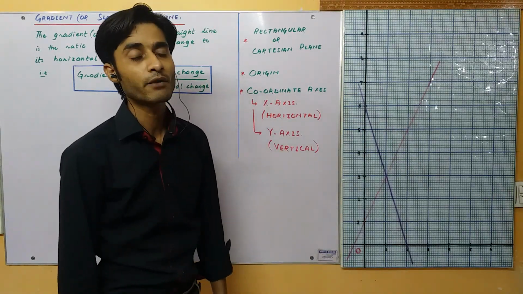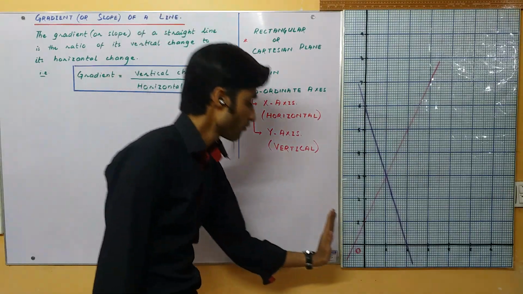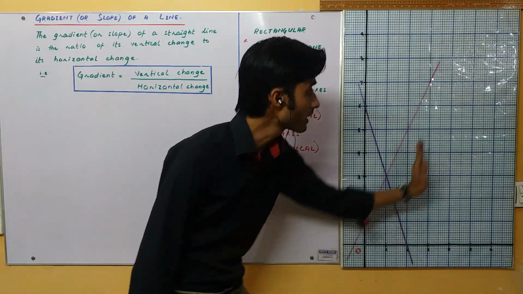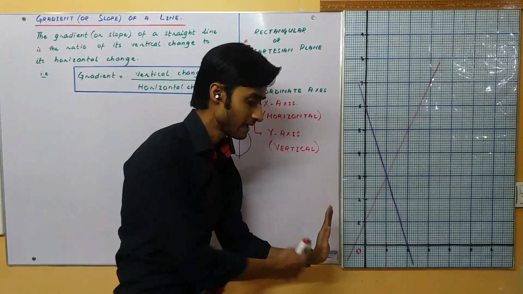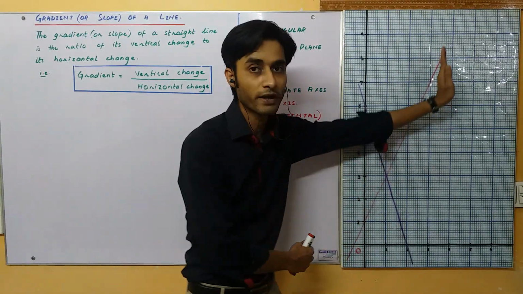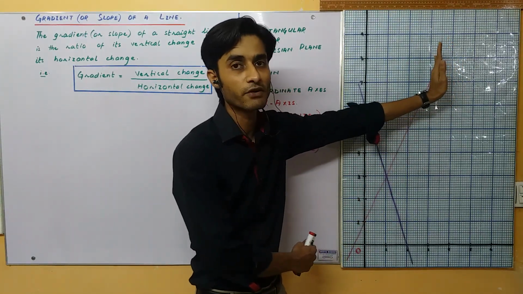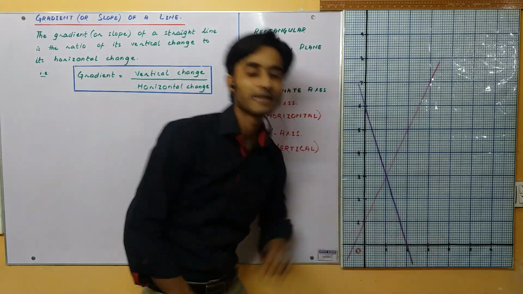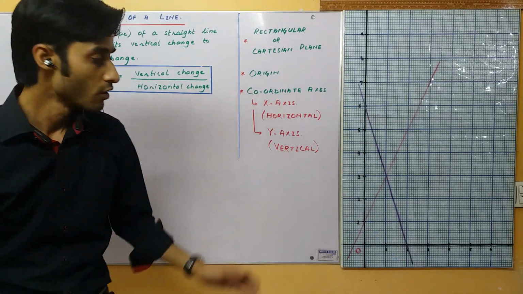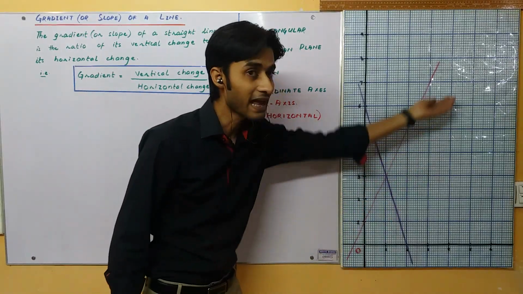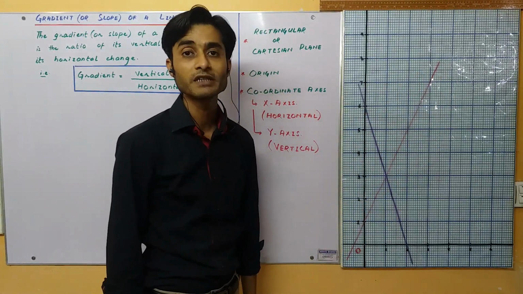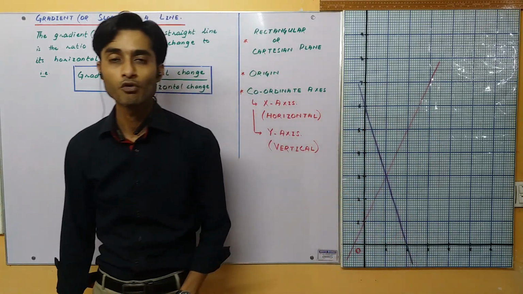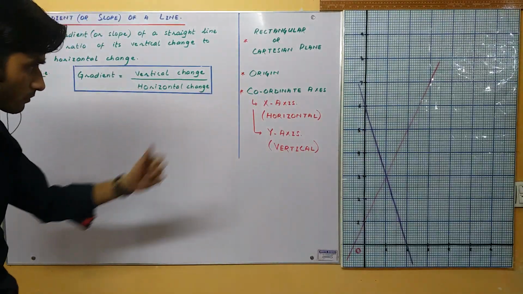What is happening with the line when we move from left to right? When I move from left to right, I can see the line is going up. This is an increasing line. When I am going to the right and it's going down, this is called a decreasing line. For an increasing line, the slope is always positive. For a decreasing line, the slope is always negative.